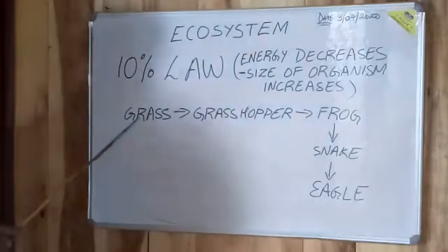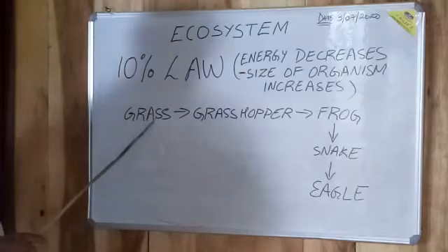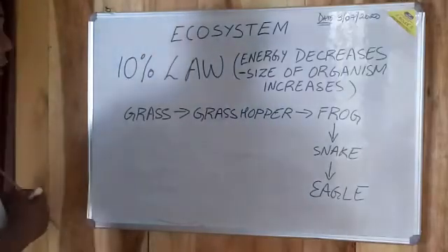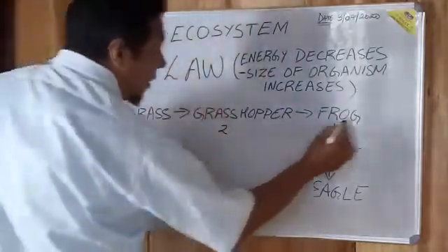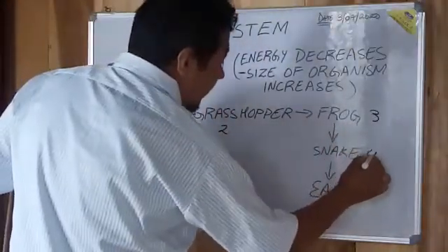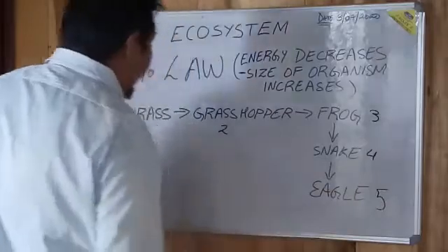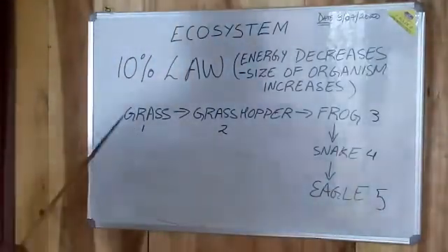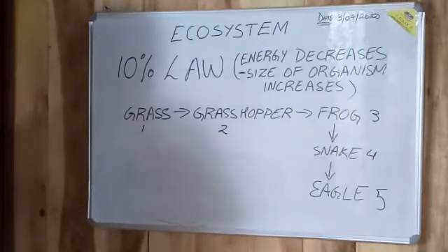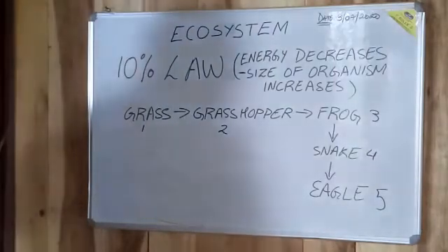If you see, this is the longest food chain, where there are 5 trophic level organisms: the grass being the first, the grasshopper the second, the frog the third, the snake the fourth, and the eagle the fifth. Now, whatever energy is present in the grass, where is the energy obtained from?